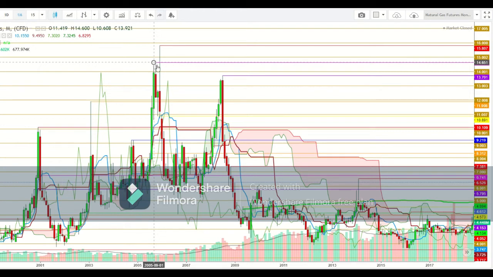Once again some selling was there, but here you can see how the natural gas futures found strong buying support at 11 during this year, and from here once again the natural gas futures tested a high at 15 in December 2005. So friends, this was a lifetime peak of the natural gas futures.